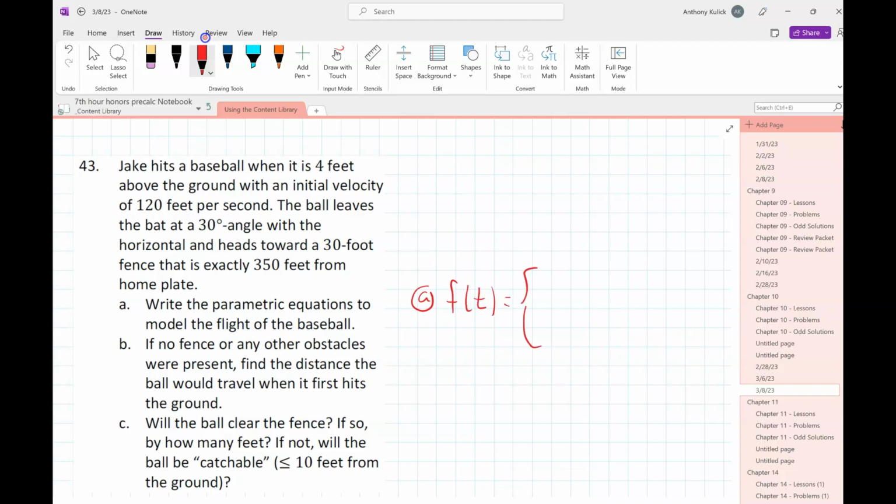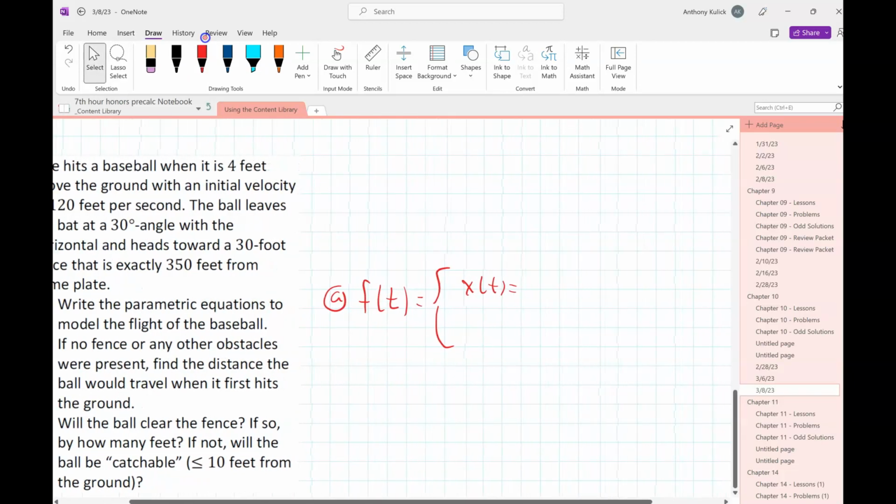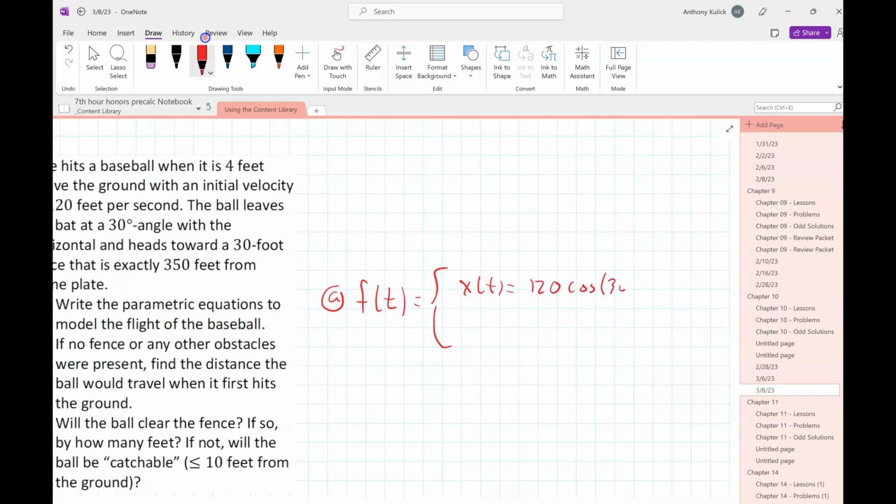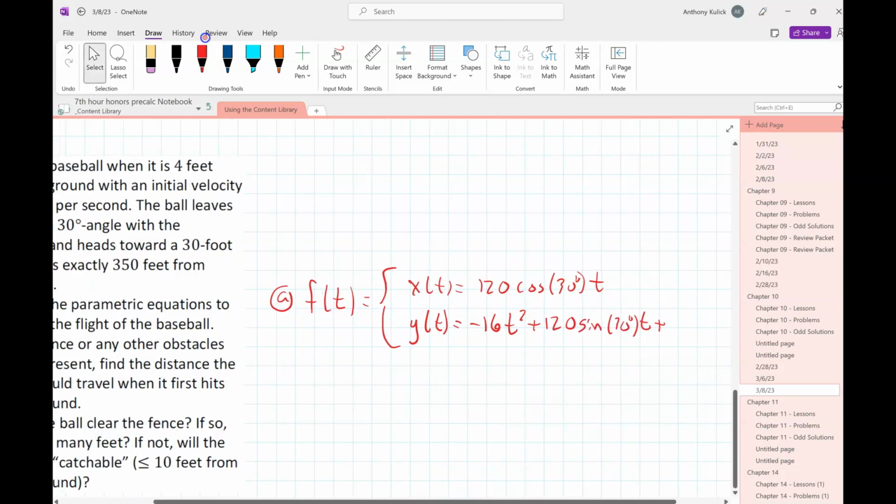So my parametric equation for x should be initial velocity times cosine of the angle, t. My y equation is negative 16t squared plus initial velocity times sine of the angle, t, plus the initial height.